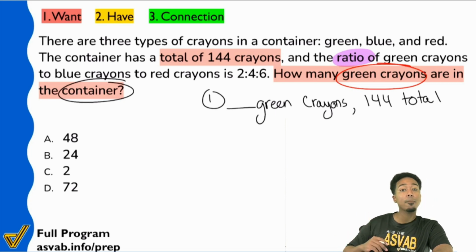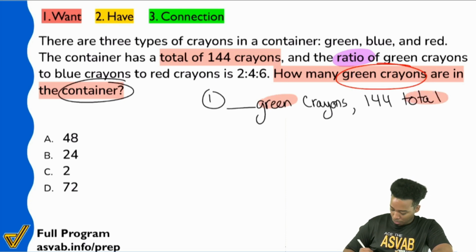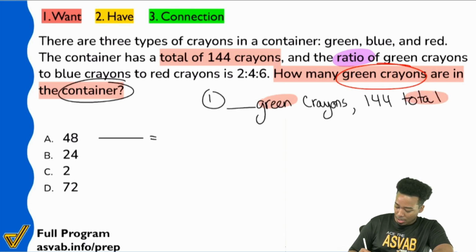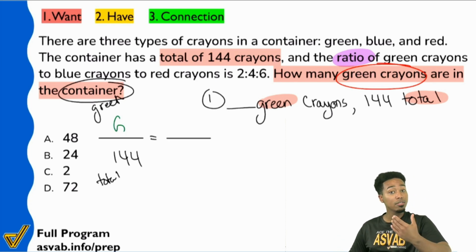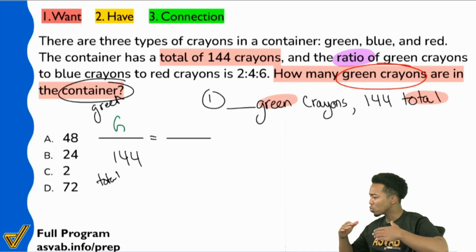I'm going to set my proportion up by comparing the same things in the same way. Immediately, you want to set it up by comparing green to total, and that's going to be the same thing on the right side. We're looking for, let's say, G green crayons, and we have 144 total. So green and total. Now let's take a look at the other piece of information that they give us to show you how to set this up super quick.